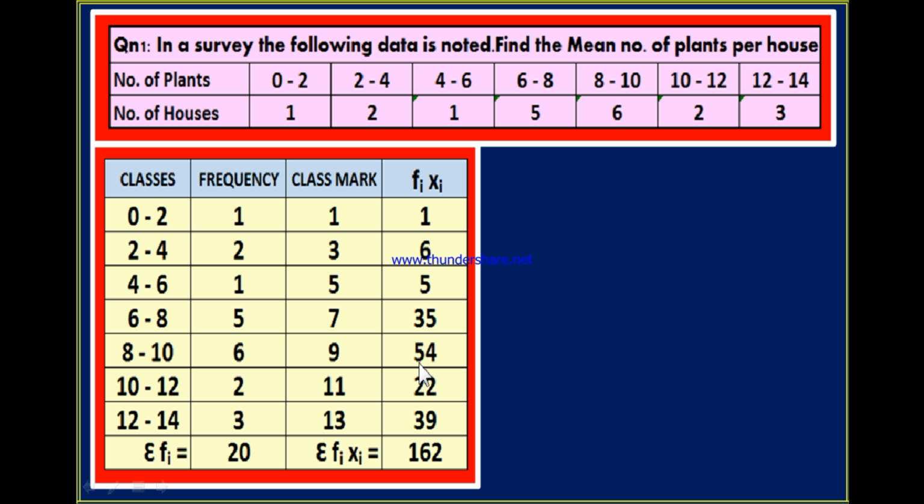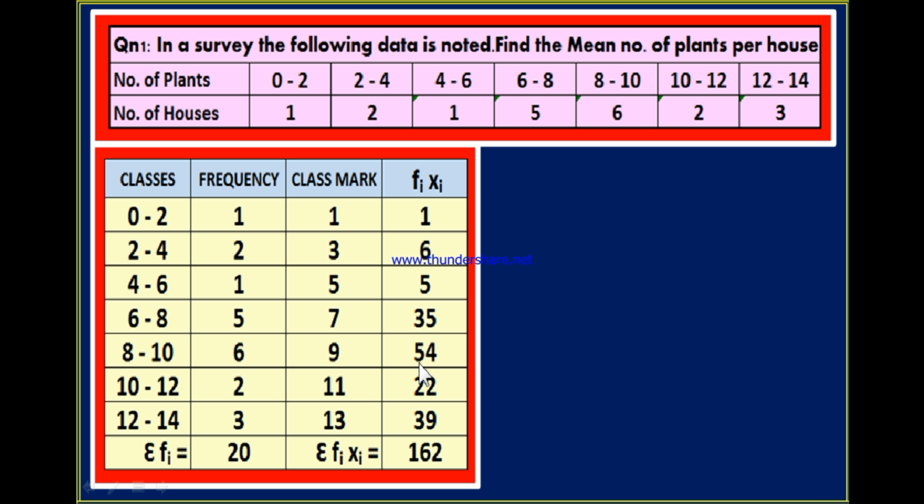Here we have given daily wages in rupees. 200 rupees to 250 rupees is the first class, 250 to 300 is the second class, 300 to 350 is the third class, 350 to 400 is the fourth class, and 400 to 450 is the fifth class. This row gives daily wages of the workers and this row gives the number of workers. These 12 workers get 200 to 250 rupees as a daily wage.